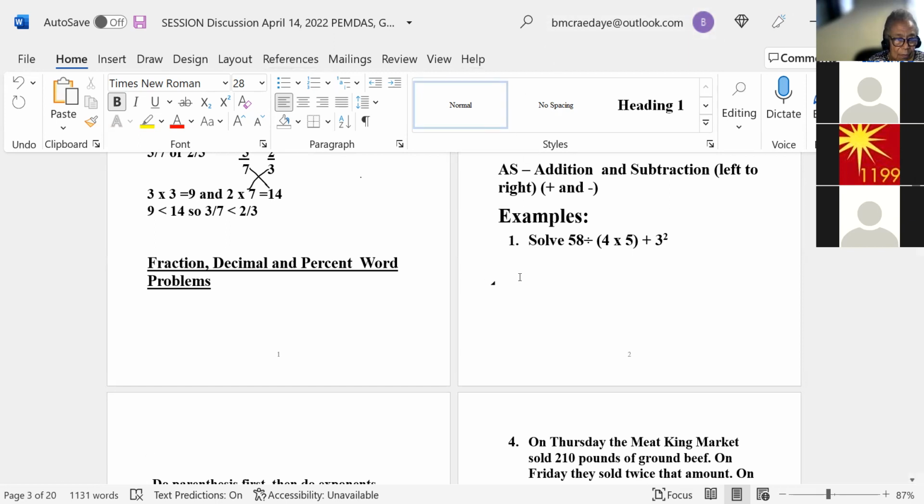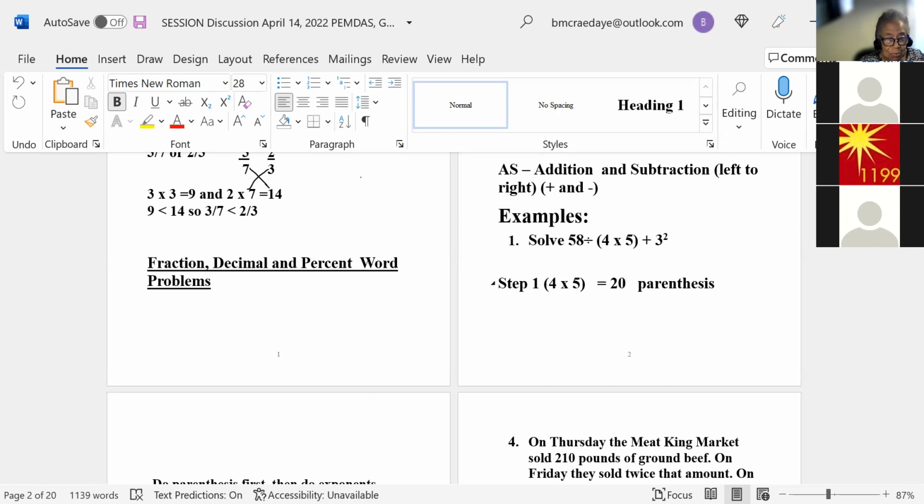I would do the parentheses first. That's right. Step 1 would be 4 times 5. That's the parenthesis. So 4 times 5 would give you 20, right? So let's just put equal 20.